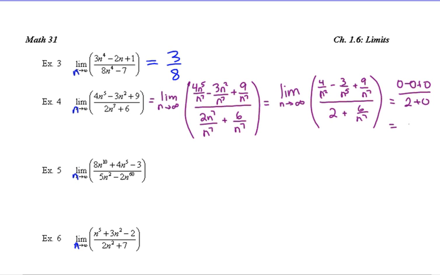So that equals 0. All right, do you want to come up with a rule right now? What did you notice about our degrees? Top is less than the bottom. So if top degree is less than the bottom degree, then it approaches 0.